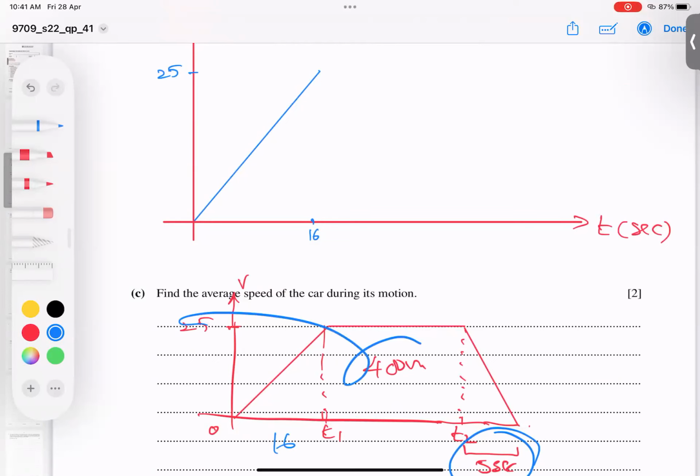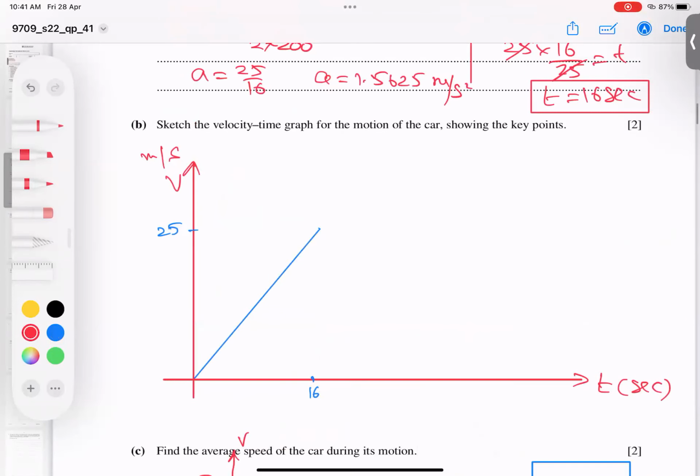What does this area represent? Distance. What is the rectangle formula? All of you know, length into width. Length is time, and this is 25. So area is length times width. Area is 400, length is unknown, and this is 25.